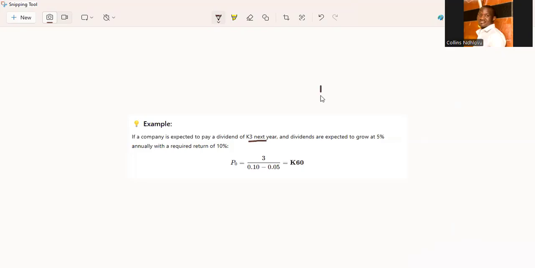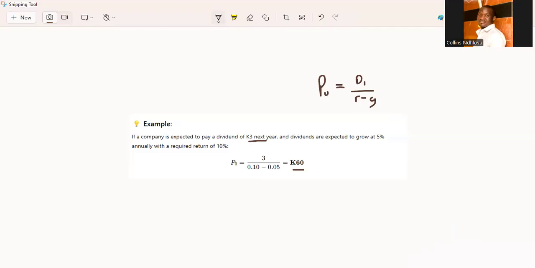So our value of stock will be D1 over the required rate minus what? Growth. So our D1 will be 3 kwacha, the required rate of return 10% and the growth rate is what? 5%. So when you calculate that, we're going to get the value of stock now using Gordon's model at 60 kwacha.